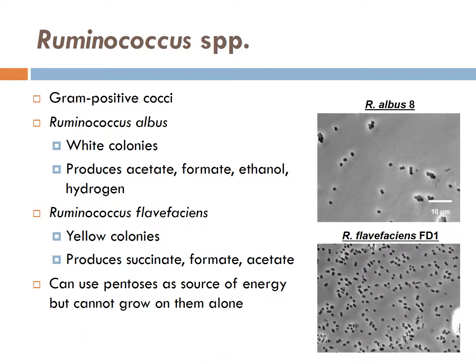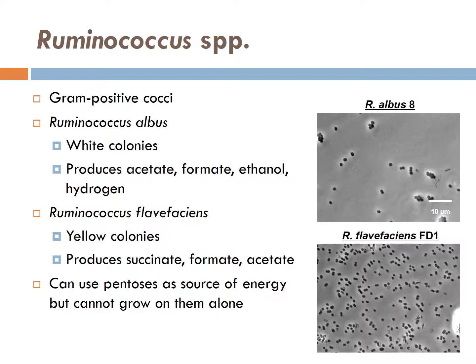The Rumenococcus species are gram-positive cocci. Rumenococcus albus forms white colonies. It produces acetate, formate, ethanol, and hydrogen. Rumenococcus flavifaciens produces yellow colonies, succinate, formate, and acetate. The reason for pointing out the color of the colonies and what products they produce is this is how we distinguish these 2 species, as you recall in an earlier lecture.